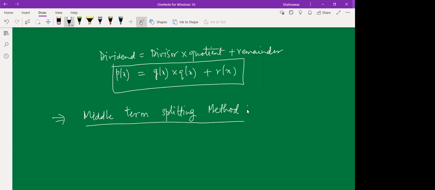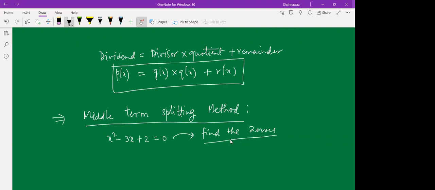I somehow missed this part in your previous classes. So what is the middle term splitting method? Let's say you have x square minus 3x plus 2 equals to 0, and you want to find the zeros, right?